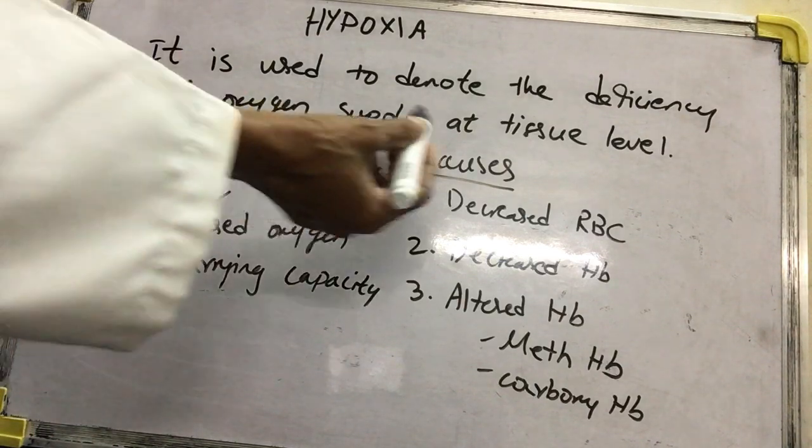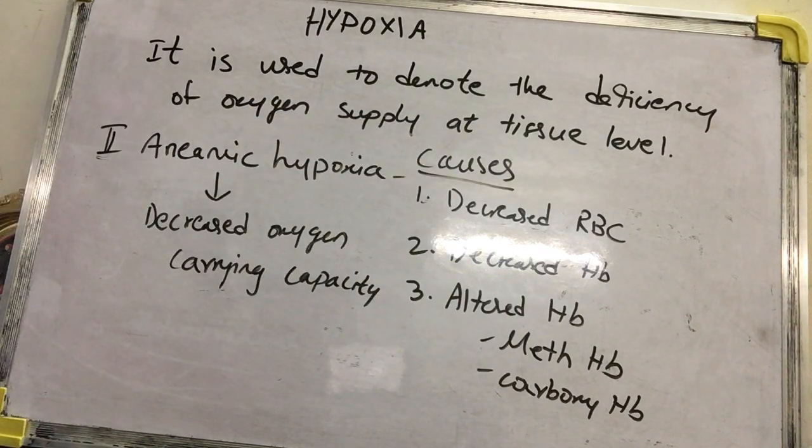So these are the causes for anemic hypoxia: decreased RBC, that can be due to any hemorrhage or bone marrow depression, and reduced hemoglobin and or altered hemoglobin. If the structure of the hemoglobin is altered, then there is a chance that the oxygen carrying capacity of the hemoglobin is reduced.